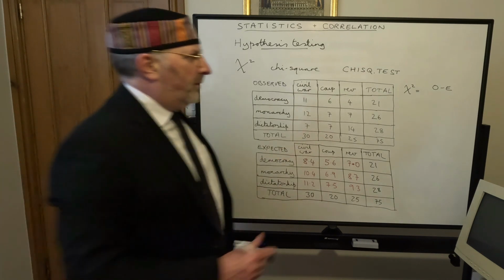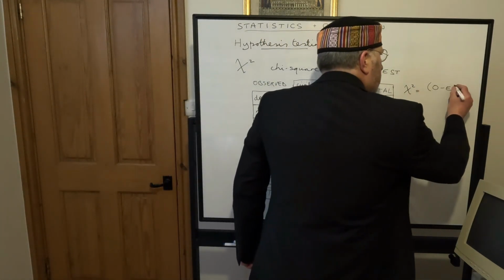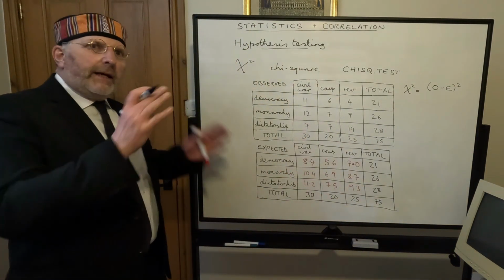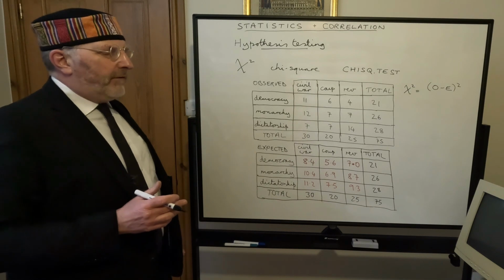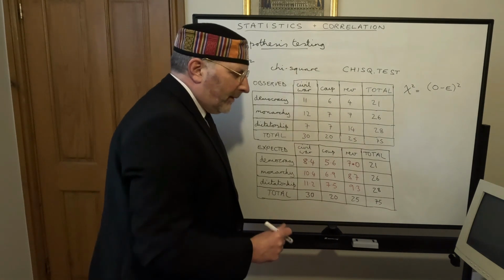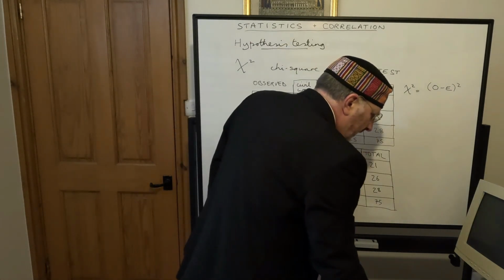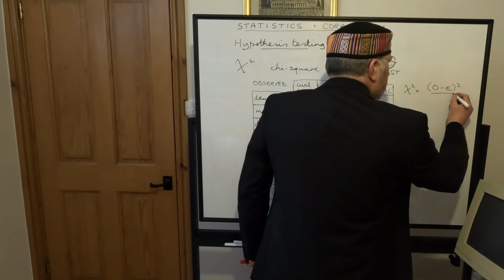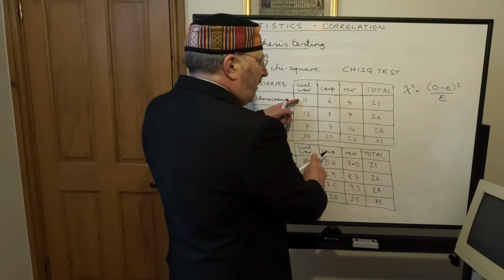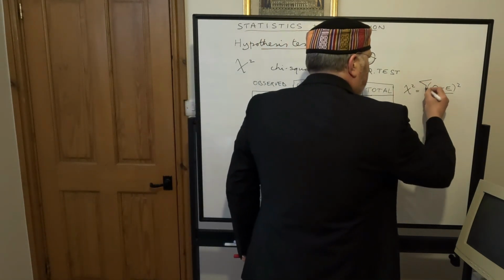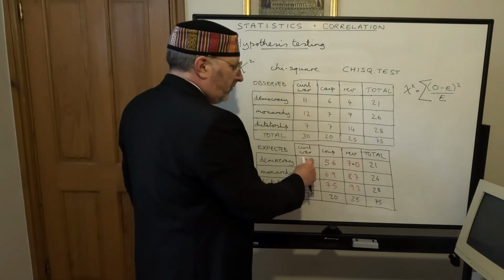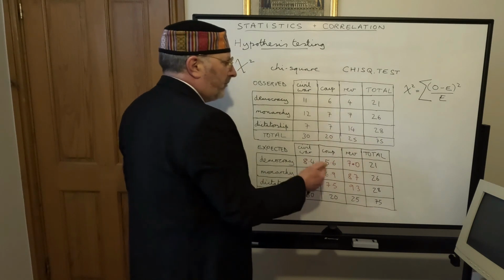We find the difference between them and we square it. So we're not interested in whether it's positive or negative, which way it varies around the expected value, whether it's more or less. We're not concerned about that, but just how far away from the expected value it is. And we divide that by the expected value for each cell. So we then add those values up: observed minus expected, squared, divided by expected.